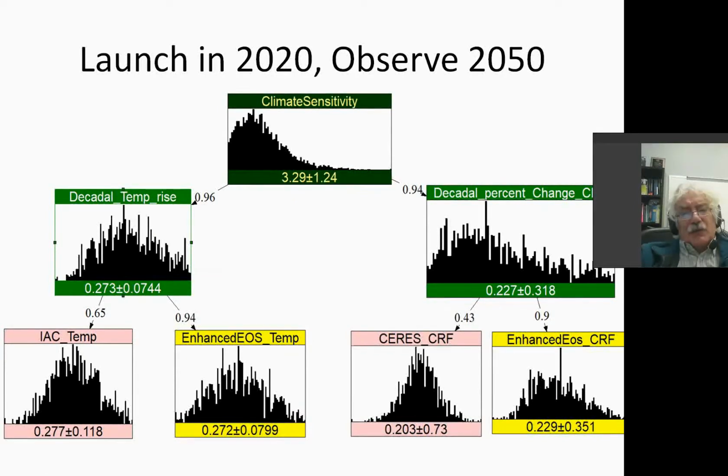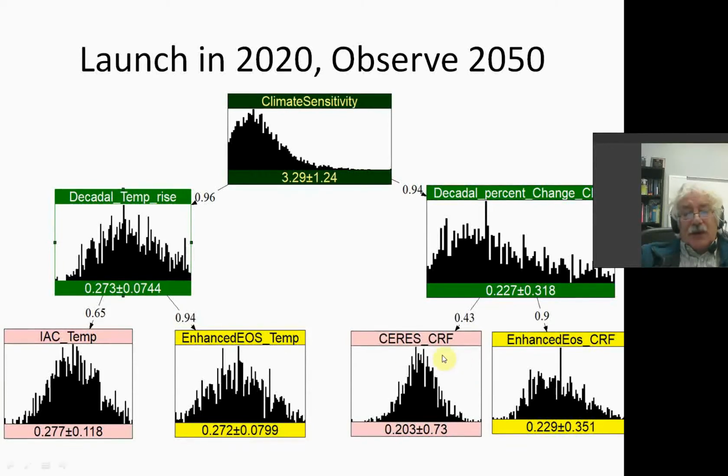So if we could observe these proxy variables without instrument error, we would be in pretty good shape, at least as regards climate sensitivity. However, down here we see the relationship between the enhanced and the current systems for these proxy variables. And so we see the pink systems, that's the current systems, they have a rather low correlation with the proxy variables, meaning that the instrument error is still quite significant. That is not reduced so much by longer observing times.